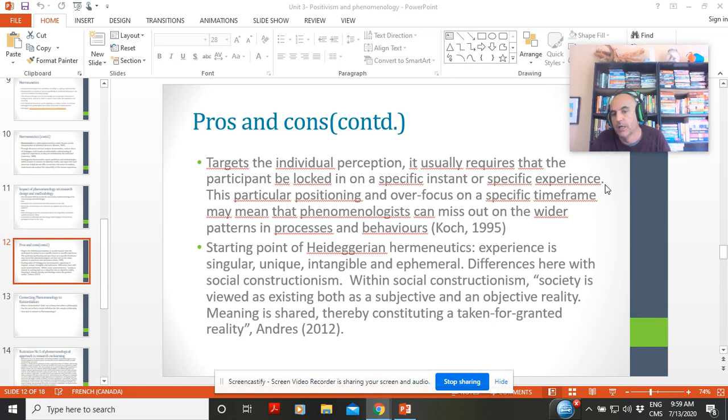Still phenomenology, but now looking at society, groups and communities as a whole rather than individual experiences. Social constructionism is still phenomenological. It's a subcategory, but it really looks at the subjective reality that groups, communities, or even societies are creating together in terms of creating meaning.